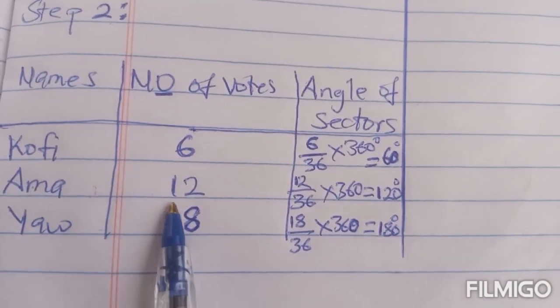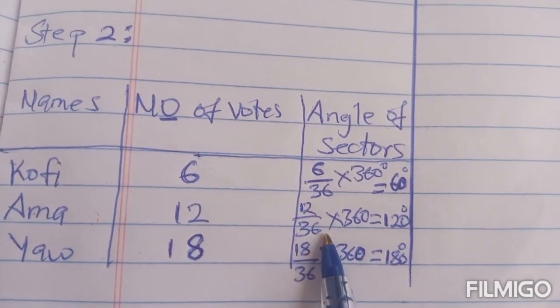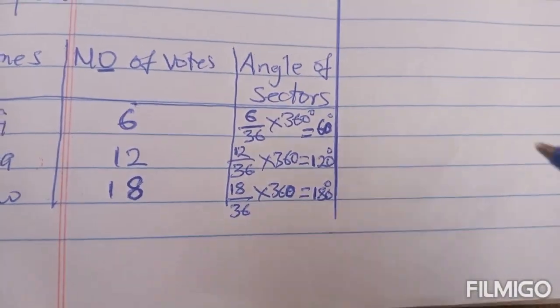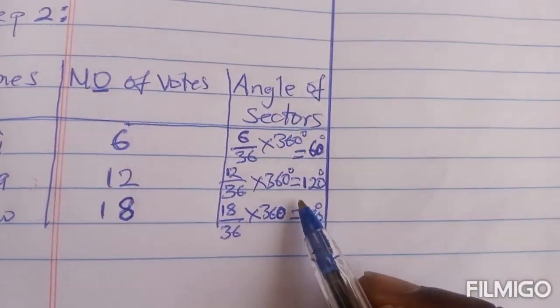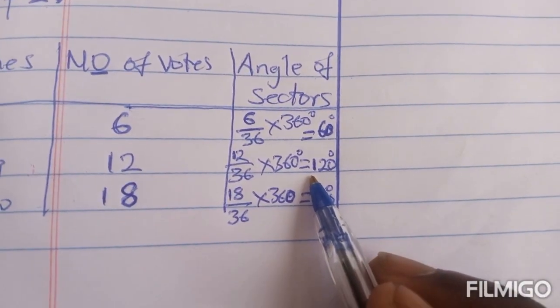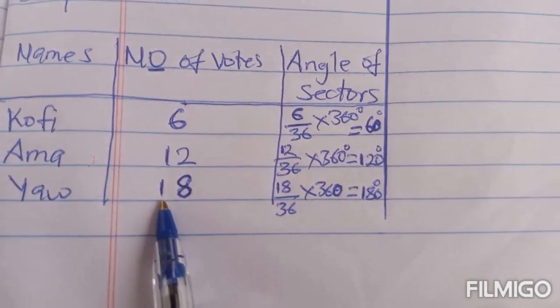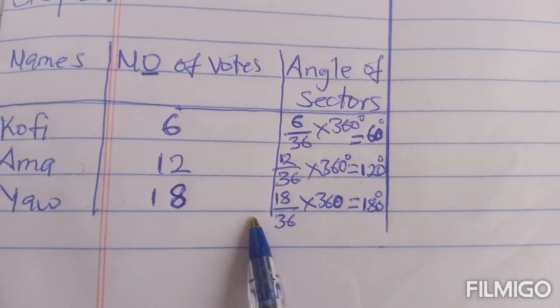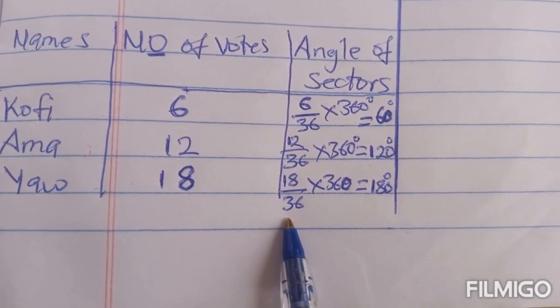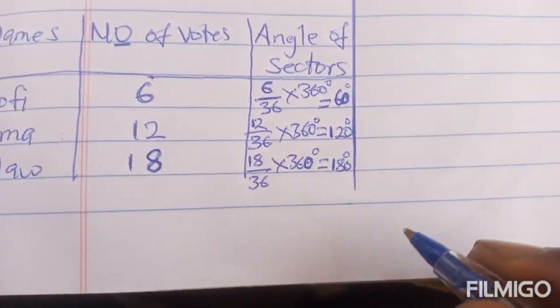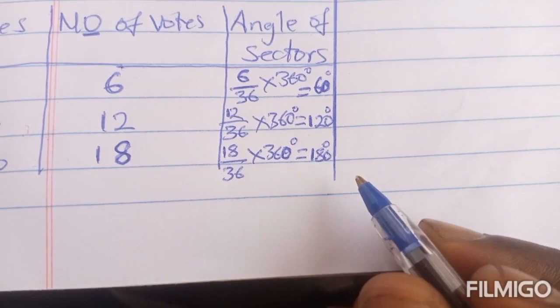Ama is having 12 out of 36, multiplied by 360 degrees. After everything, we get 120. So let's move on to Yao. Yao is having 18 over the total number, 36, you multiply by 360 degrees, and this one you get 180 degrees.